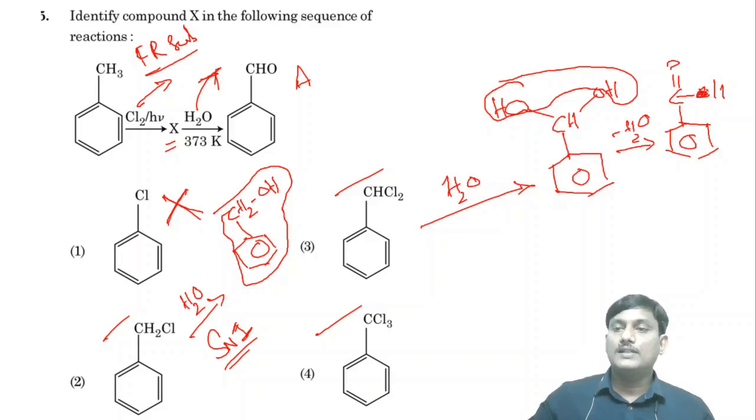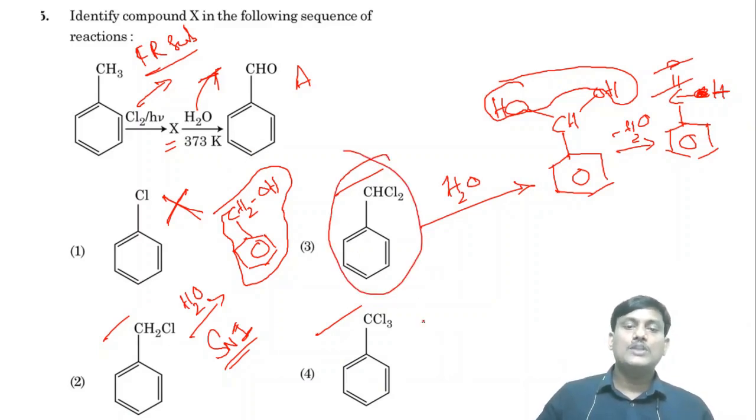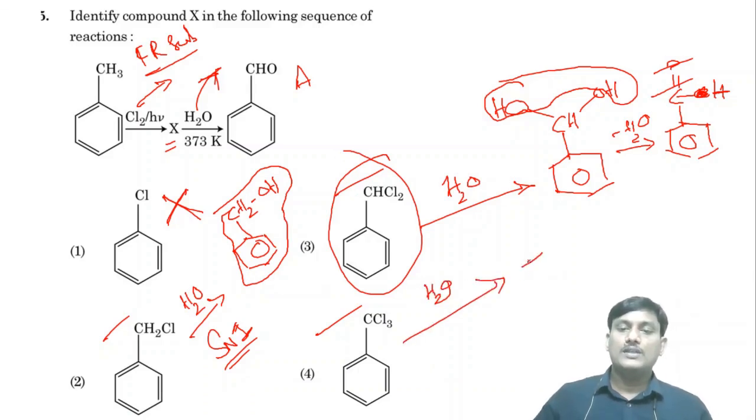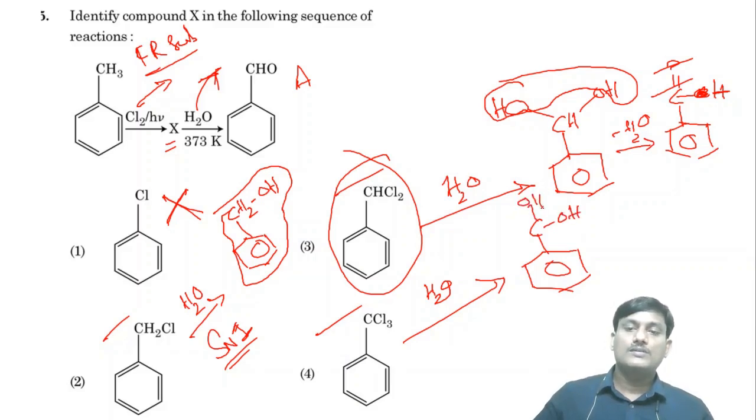So this one is correct. What is X? X is CHCl2. Suppose if you take this one, what is the product you will get? In place of three chlorines, you will get three hydroxy groups, OH, OH, OH. Here also there is a removal of water molecule.